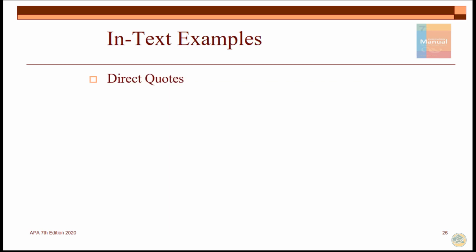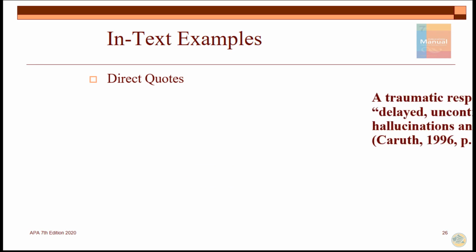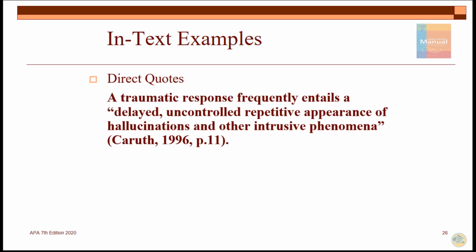Let's look at some in-text examples. In this case, we're using direct quotes. Here is a parenthetical citation. "A traumatic response frequently entails delayed, uncontrolled, repetitive appearance of hallucinations and other intrusive phenomenon," end quotation marks.